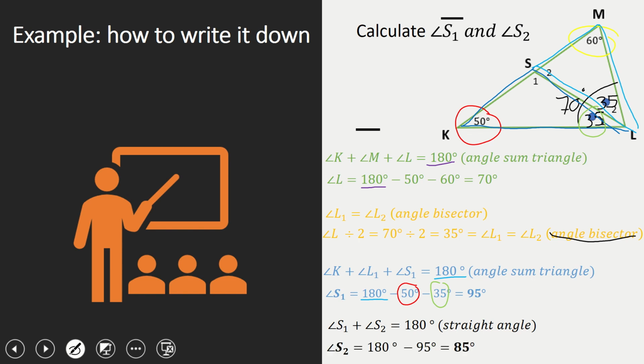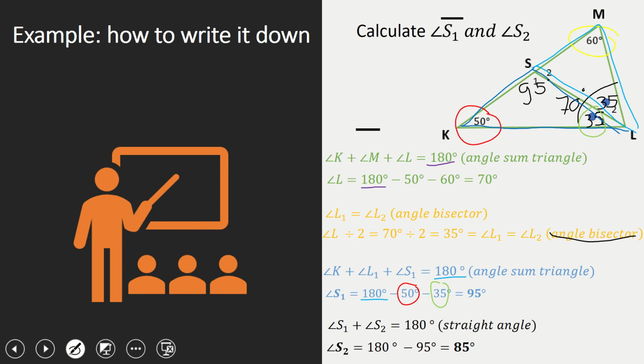So I know that angle S2 must be 180 degrees because of the straight angle, minus 95 because we knew that that was equal to this. And that's 85 degrees.